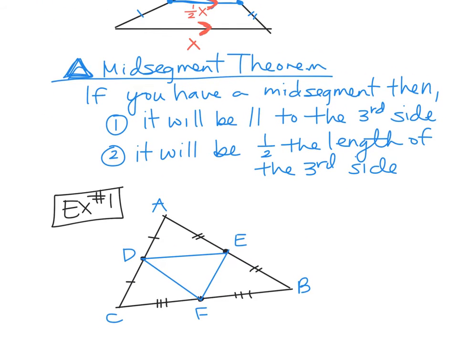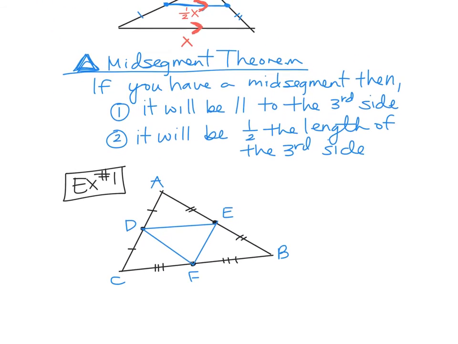All right, so moving on to this one. We have this picture where we have 3 midsegments. I want to know which segments are parallel right now. So what is DE parallel to? DE would be parallel to CB.